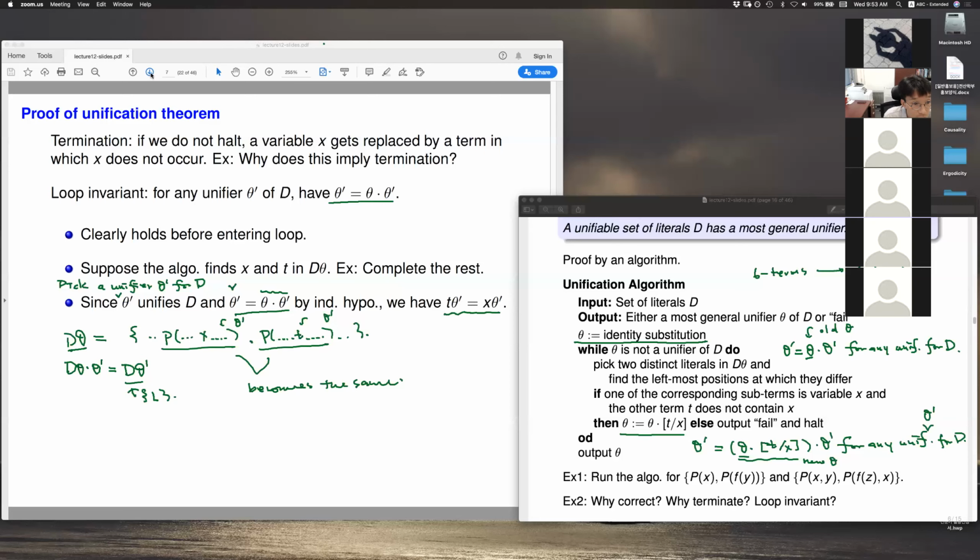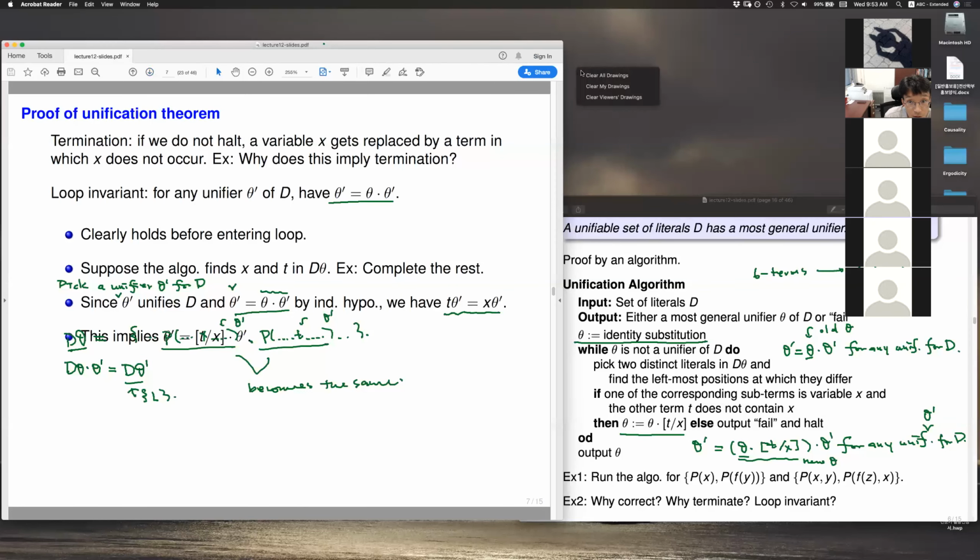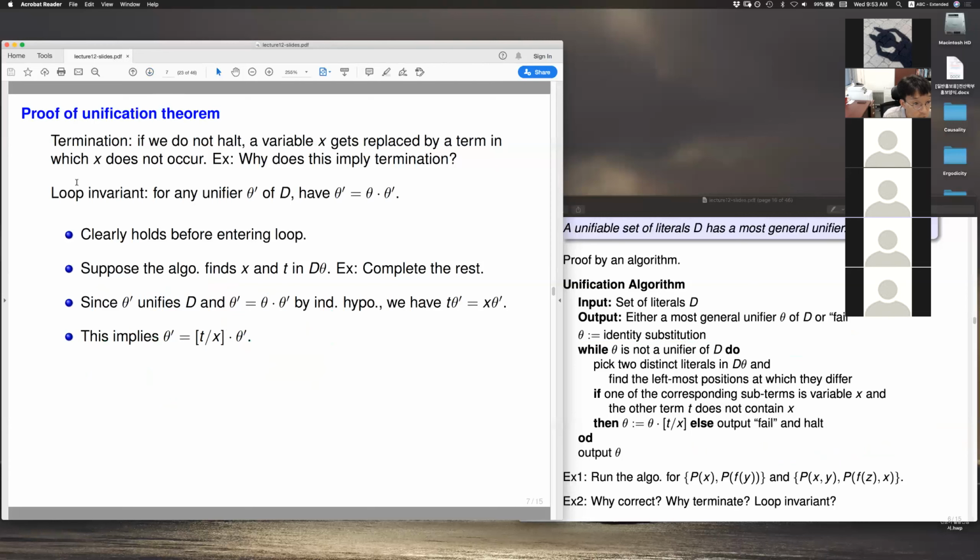Okay, now for the next step, I think I have to erase all the things. Next step is, because these two things are the same, this relationship is true for theta prime. Why is this the case? This one says that if we apply theta prime on x and theta prime on t, that's the same.